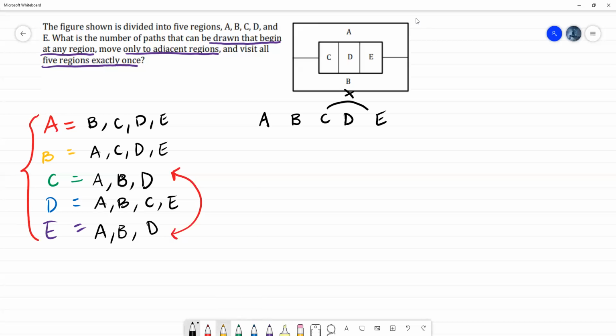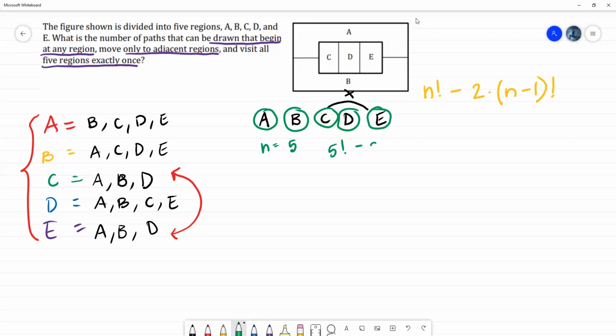Our formula from last time was n factorial minus 2 times (n minus 1) factorial. So let's plug it in. We know that n is equal to 5 because there are 5 groups. So 5 factorial minus 2 times (5 minus 1) factorial.